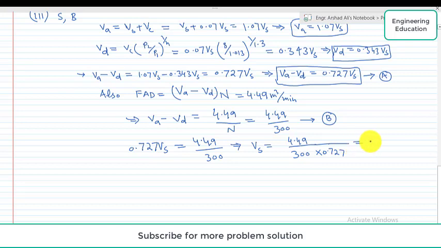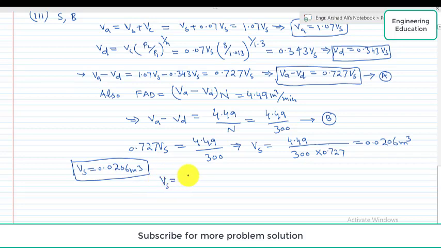So simplifying these values, we get 0.0206 cubic meter. So this is the value of swept volume, 0.0206 cubic meter.